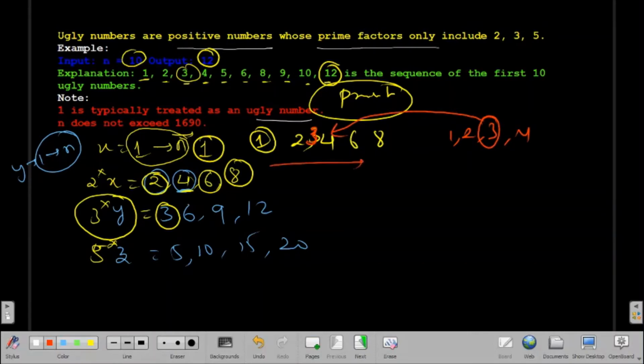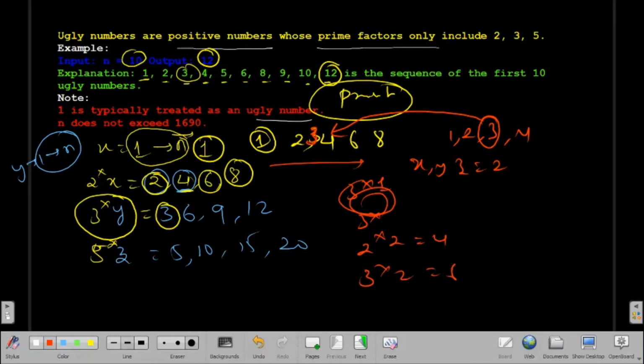So we have to find it in a proper way, because if x, y, z values are 2, so see here, 2 into 2 is 4, 3 into 2 is 6, 5 into 2 is 10. So 1, 2, then from here 4, from here 6, and from here 10.